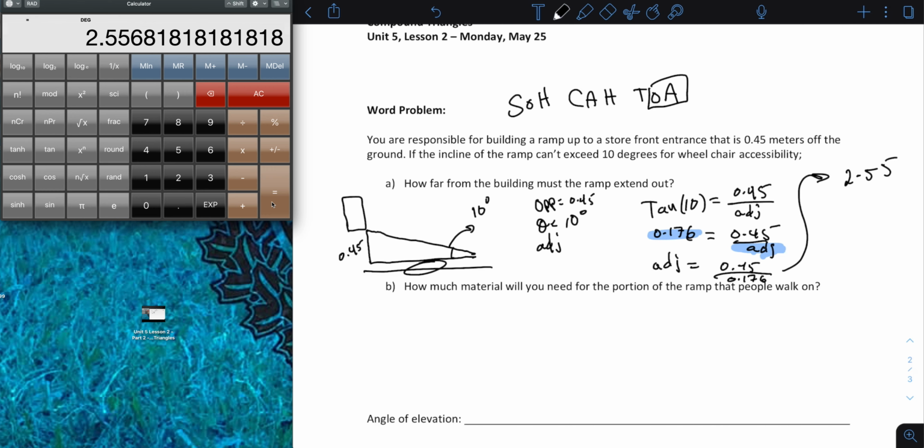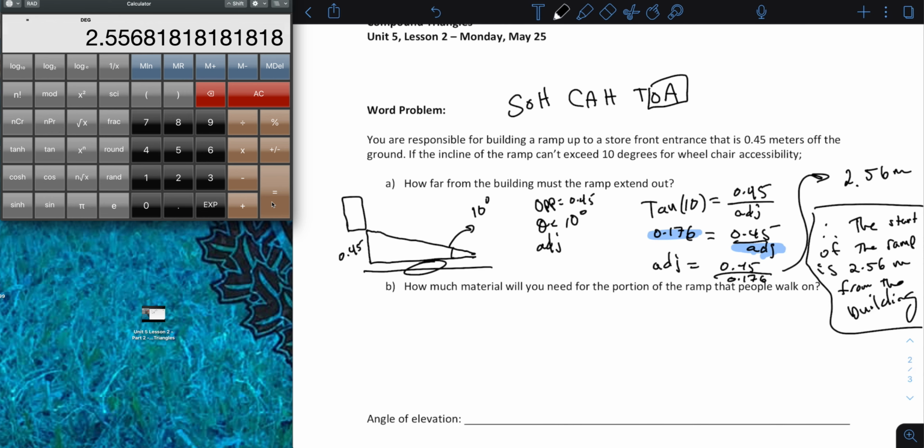Okay, so that means, therefore, we'll label it in meters. Therefore, the start of the ramp is 2.56 meters from the building. And it's always important to summarize your findings, so you want to label or use a therefore statement to do that.